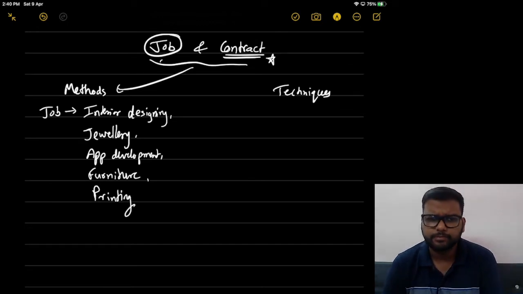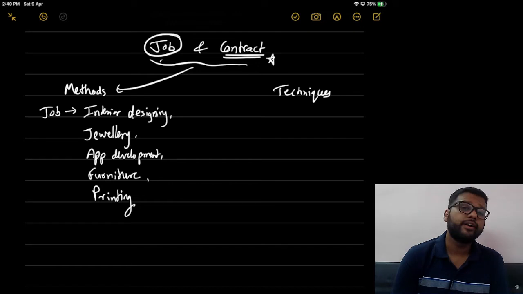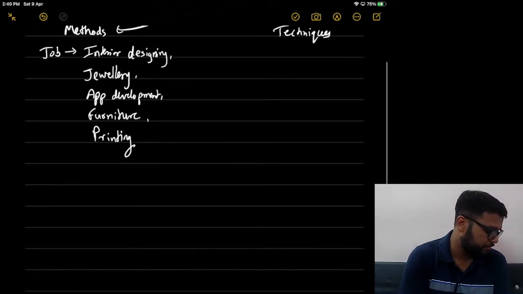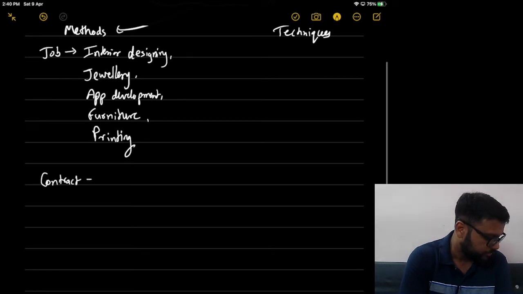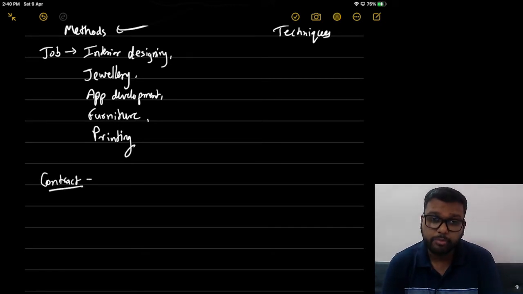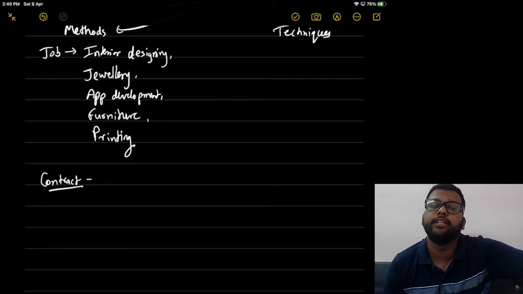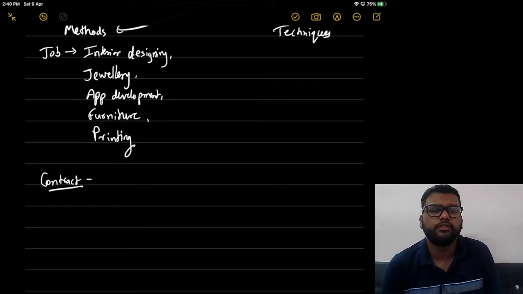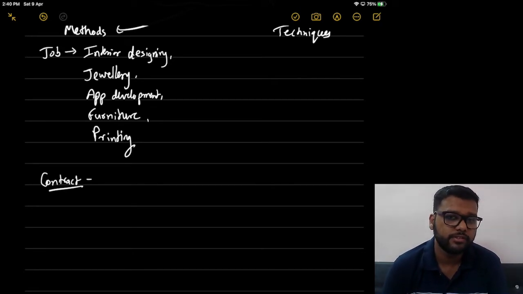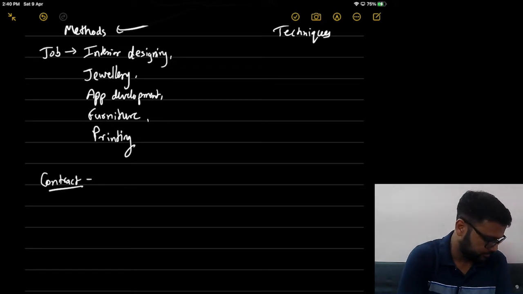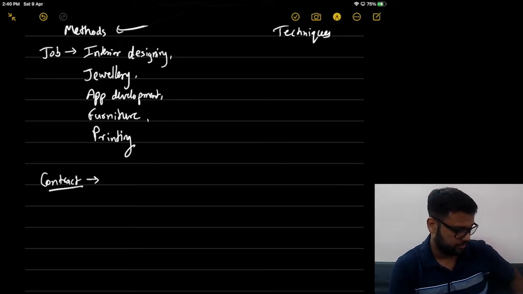Right, fine. And contract costing, if you remember from the first chapter, is nothing but job costing only, but it is for jobs which go over more than 1 year, over multiple periods. So where is it used generally? Construction.